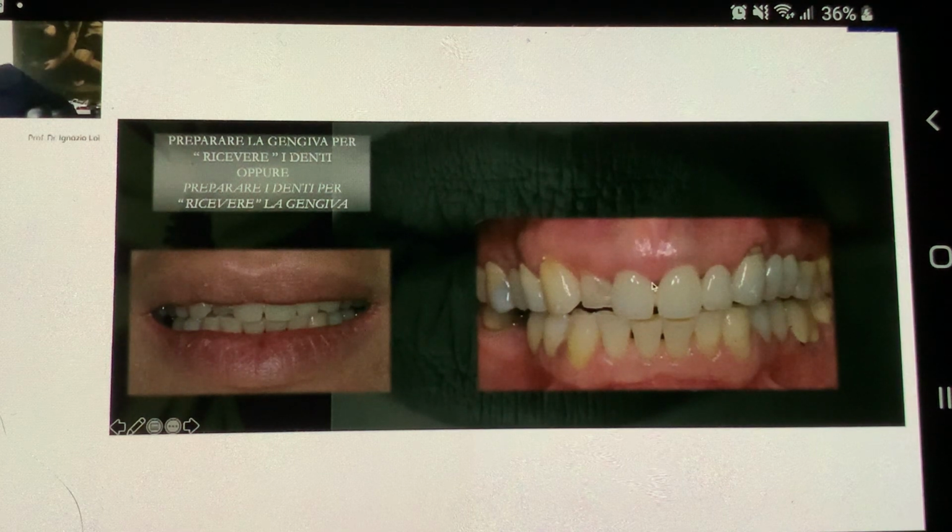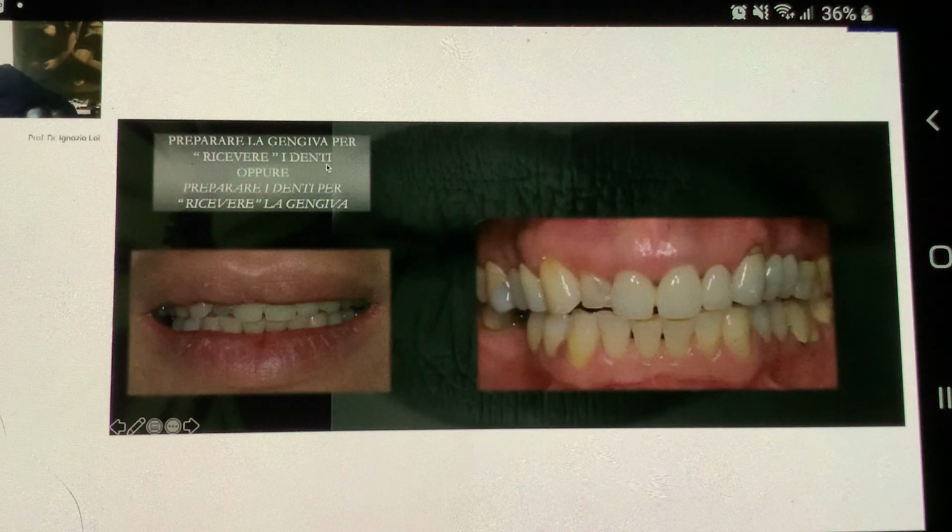This is a case which is very telling, which tells you how we can recover our finish lines also in especially difficult situations. So when we face these big discrepancies and other issues on these central incisors, usually before the introduction and the use of BOPT, we used to treat gingival discrepancies always with surgery.